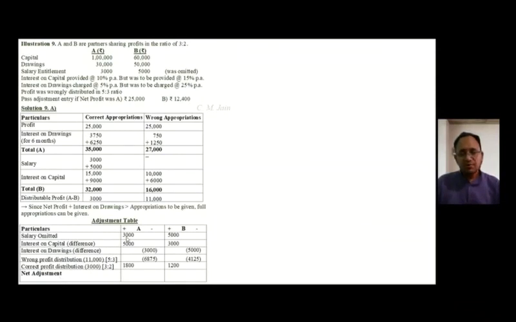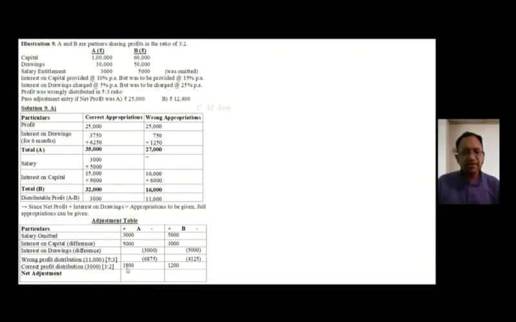In A's column, let's see what amounts we have written below plus sign, means amounts to be given. 3000 plus 5000, 8000 plus 1800. So 9800 is to be given to A. And what is to be taken back? 3000 and 6875. Total of these is 9875.